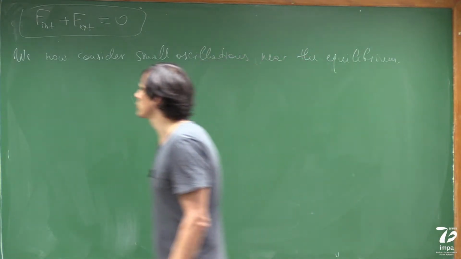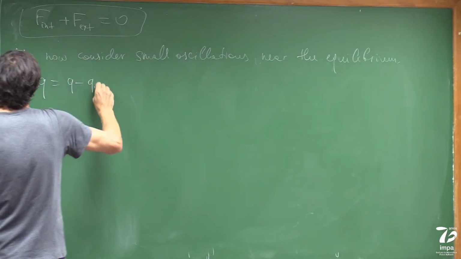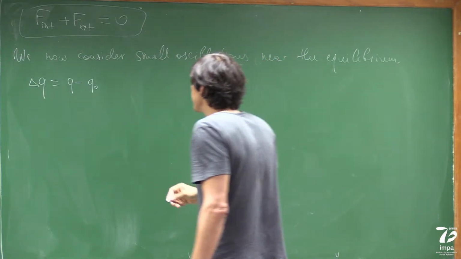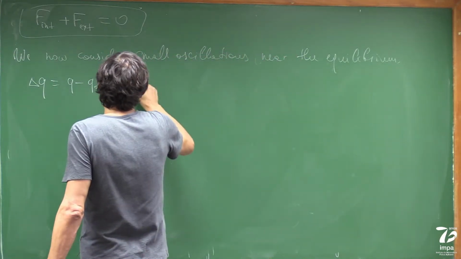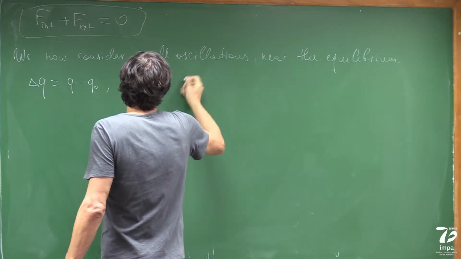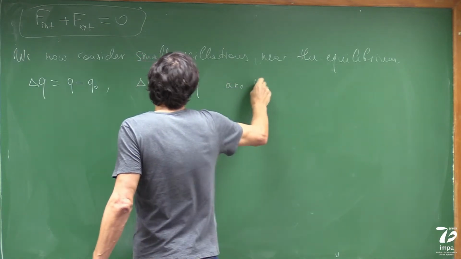Small oscillation near the equilibrium means that delta q, the distance to the equilibrium in configuration space, and also the velocity, and so on, are all small.